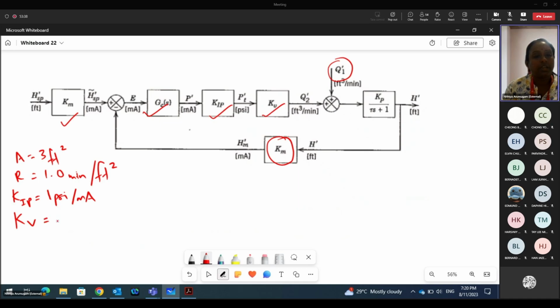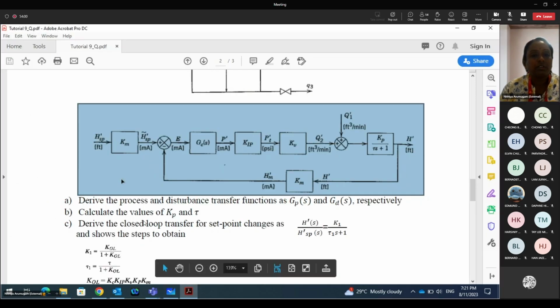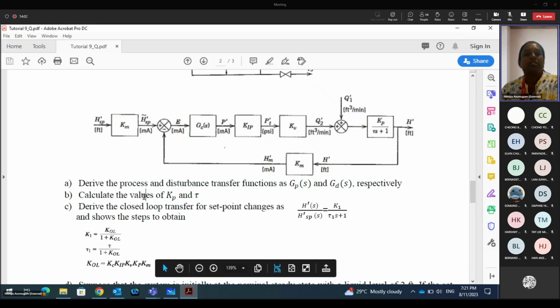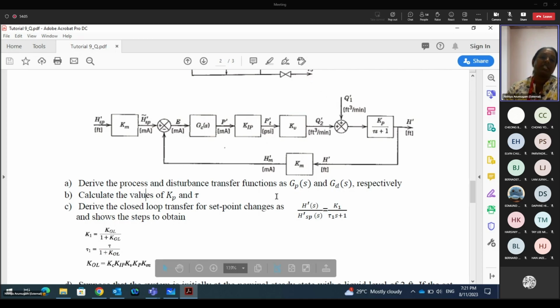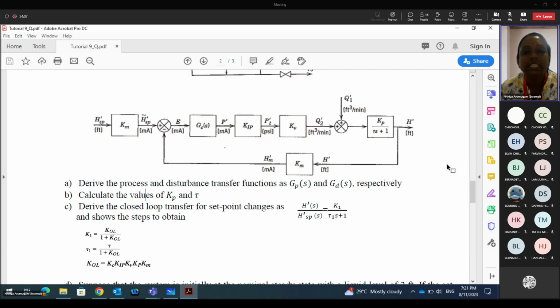KV, the gain of the valve, 0.2 CFM per PSI, and then Km equals 1.7 milliampere over feet, and the controller gain will be 4. All right. So we need to derive the process and disturbance transfer functions as GP and GD respectively. GP for process and GD for disturbance.